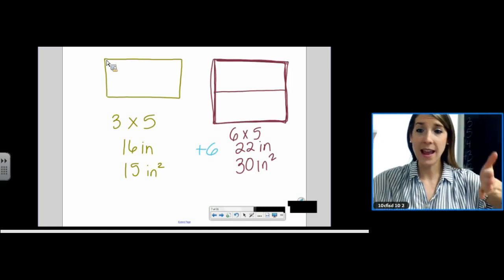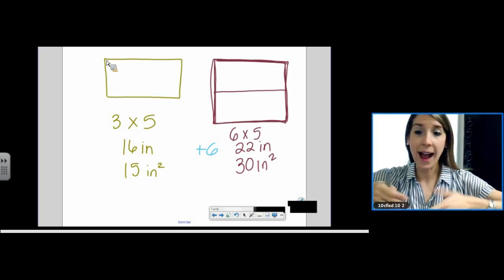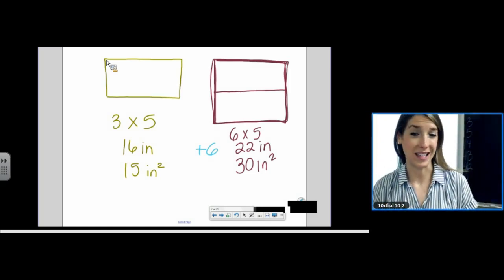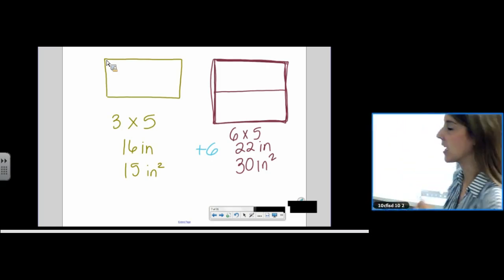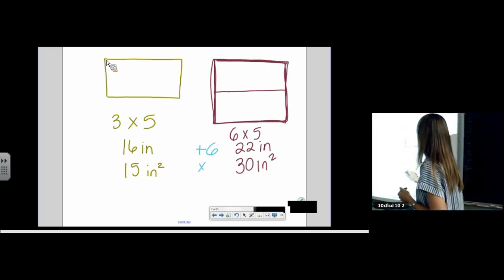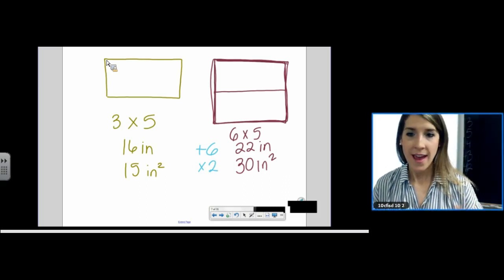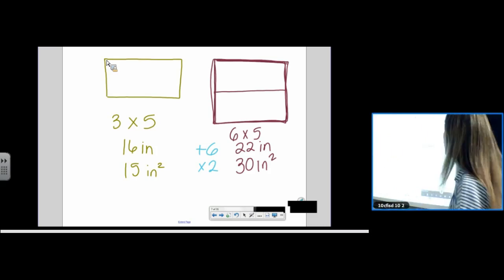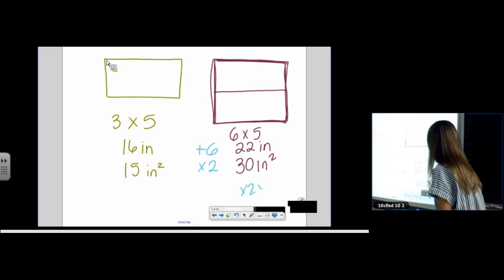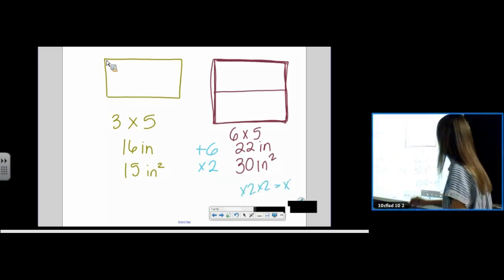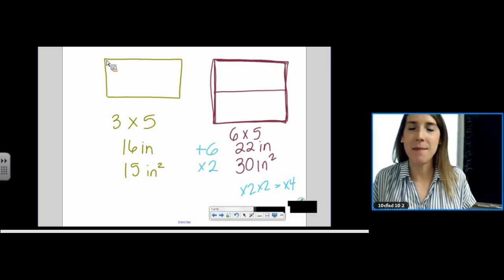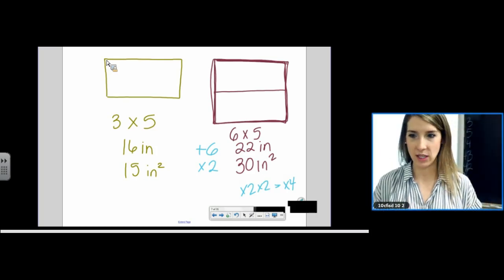So we extended 3 and 3 on both sides, so our perimeter increased by 6. Our area, on the other hand, our area doubled because we doubled the width. Had we doubled the length and the width, the area would have been times 2 squared, which would have been quadrupled like yesterday. But since we only messed with one of the dimensions, it was simply times 2.